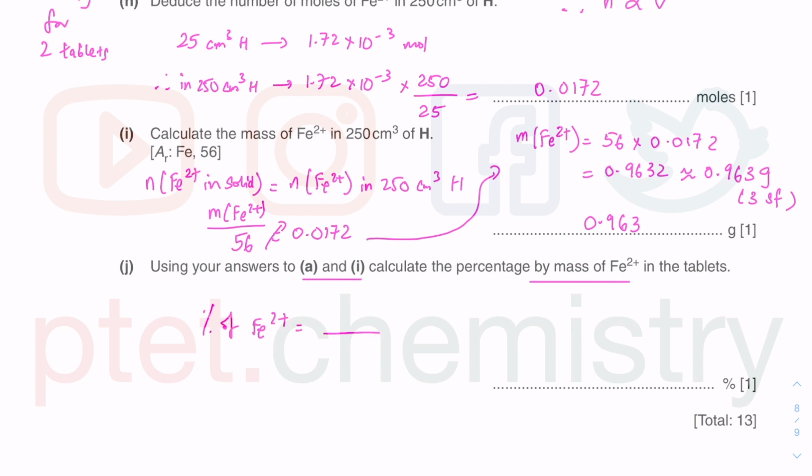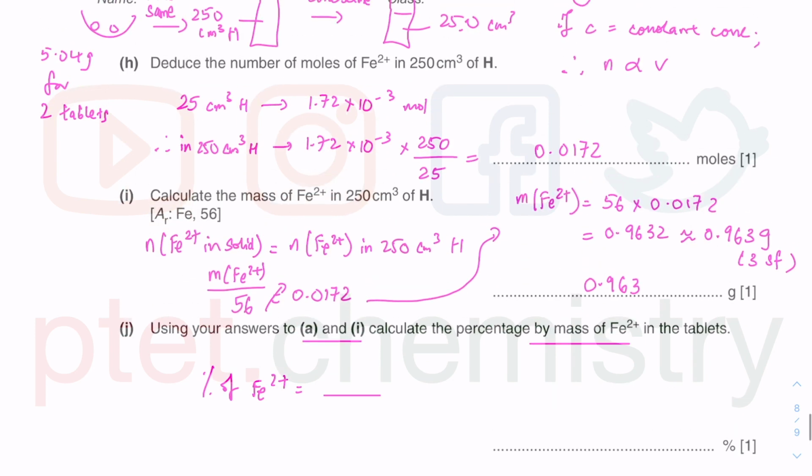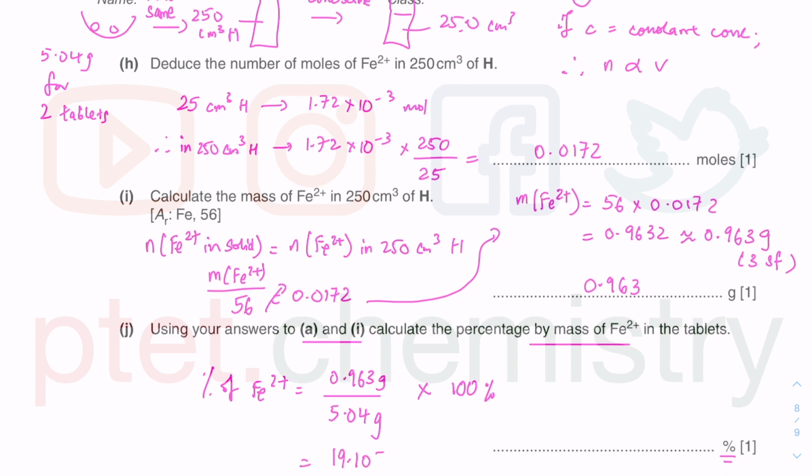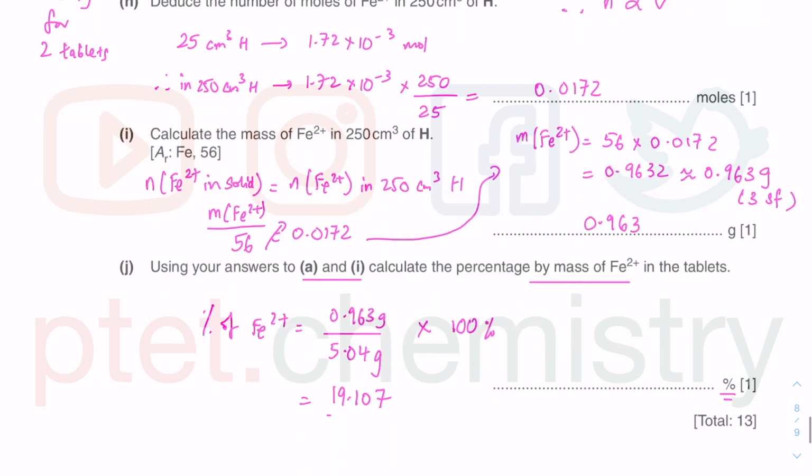By mass means out of the total mass, which was 5.04 gram, only 0.963 gram is iron, but I want the percentage, which means my final answer is in percentage. 0.963 divided by 5.04 times 100%, and I get 19.107. I want my final answer to 3 significant figures to be consistent and appropriate with the rest of my data, based on the data given.